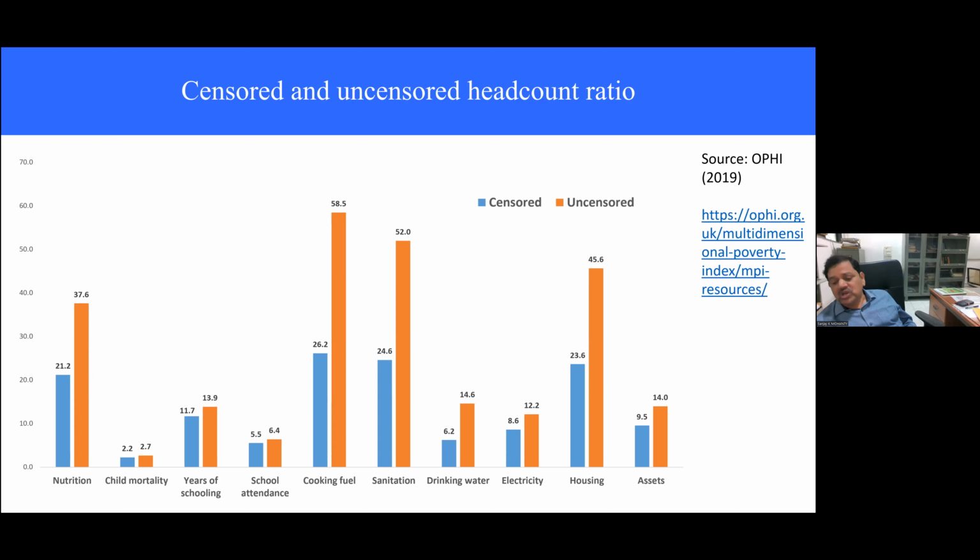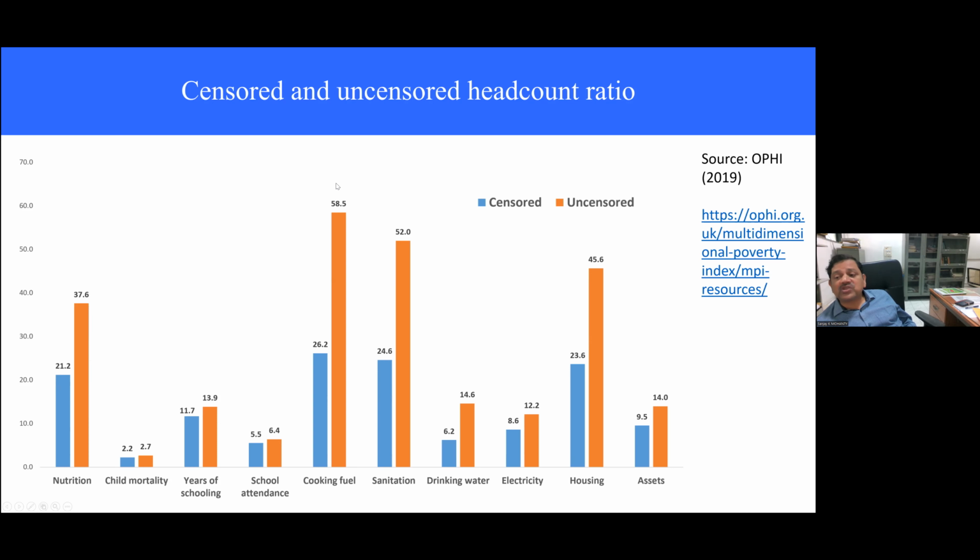For example, in the case of nutrition, when I only look at nutrition as an indicator, I find 38% of India's population has a person who is undernourished, either in terms of weight or in terms of height. But in terms of multidimensional poverty, we find that 21% of the population are multidimensionally poor as well as deprived in nutrition.